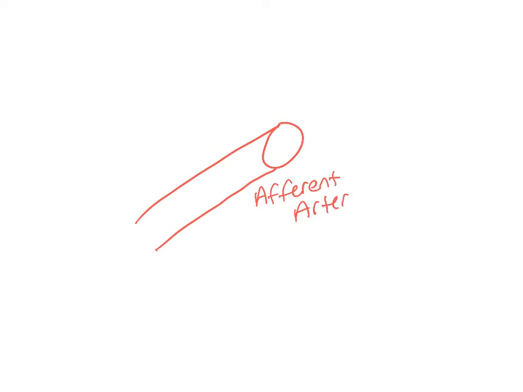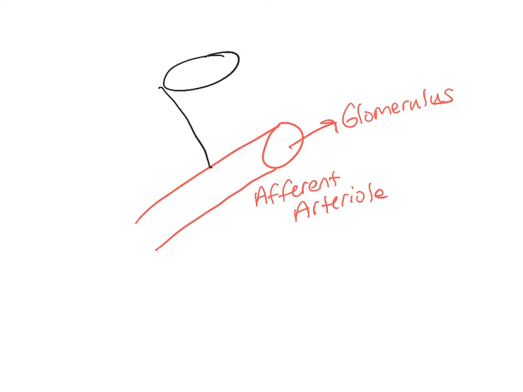So let's take a closer look at that juxtaglomerular complex. Right here, I'm going to draw the afferent arteriole, and that's going to go into the glomerulus. And then the nephron loops back around so that the distal convoluted tubule goes right underneath that afferent arteriole, like that, right?